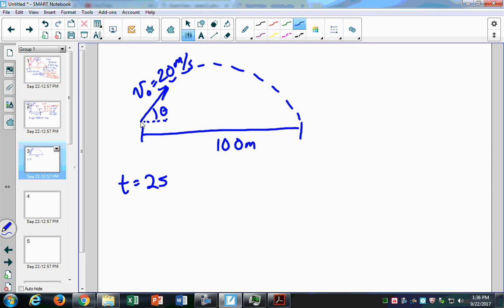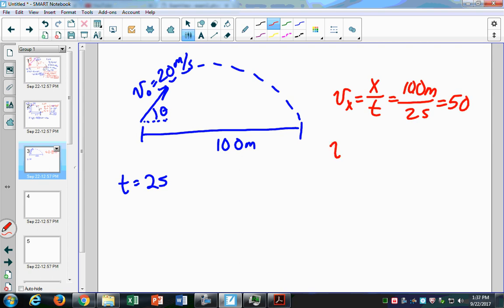The way that you would do this is you would say, well, I know that Vx is equal to x over t. And so that's equal to 100 meters, that's my x displacement, divided by 2 seconds. And so it's equal to 50.